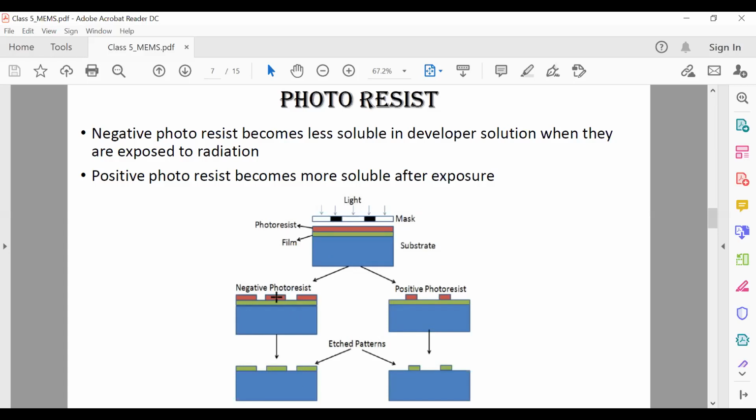If it is based on negative photoresist, then this portion will remain the same, but this portion will be etched or removed after it is inserted into the developer solution. So positive photoresist becomes more soluble after exposure.